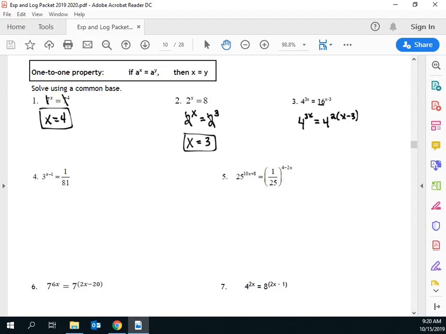Have we achieved where both the bases are the same? So now I have this simple equation, and now we solve, right? Distribute the 2.